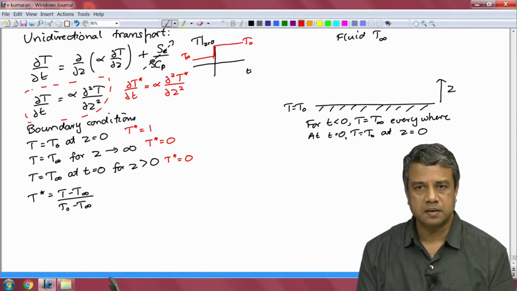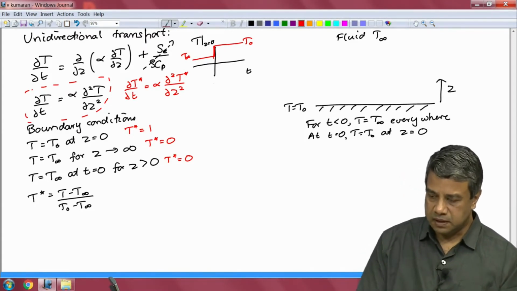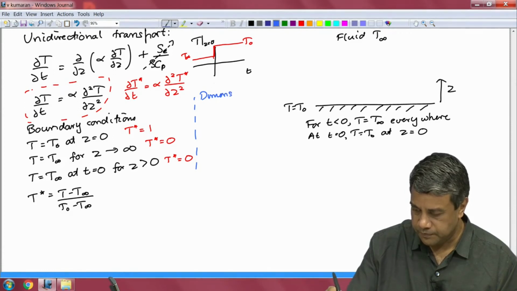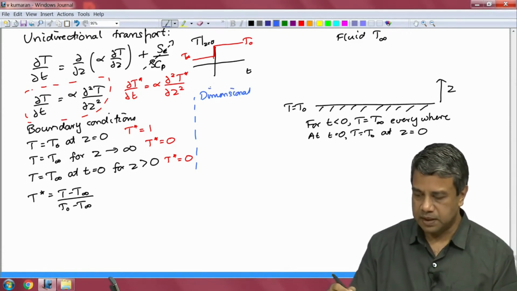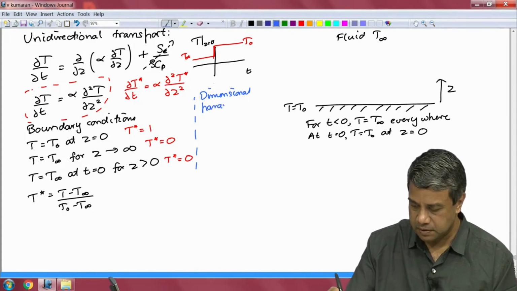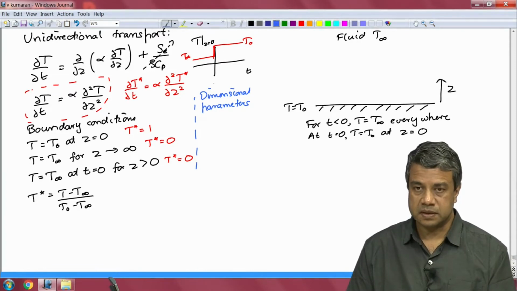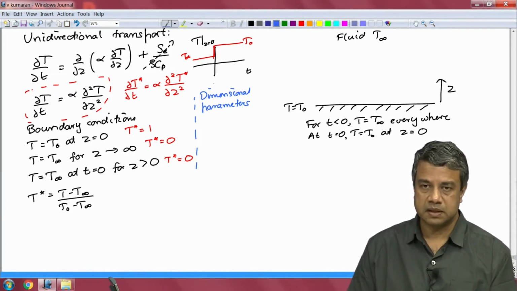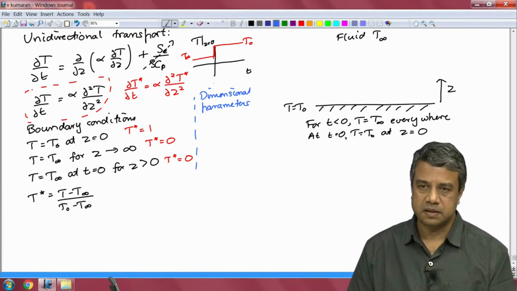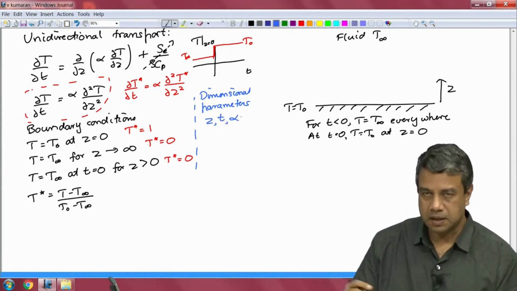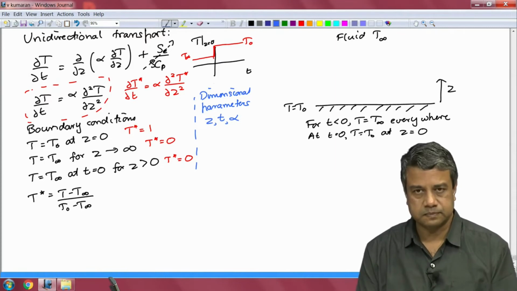The only dimensional parameters that I have, after I have scaled the temperature, are the coordinate z, time t, and the thermal diffusivity alpha.